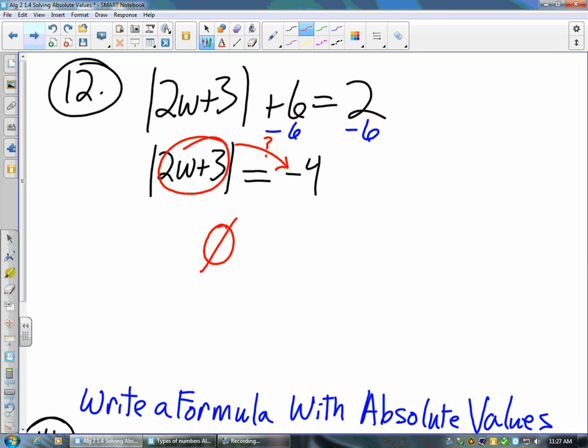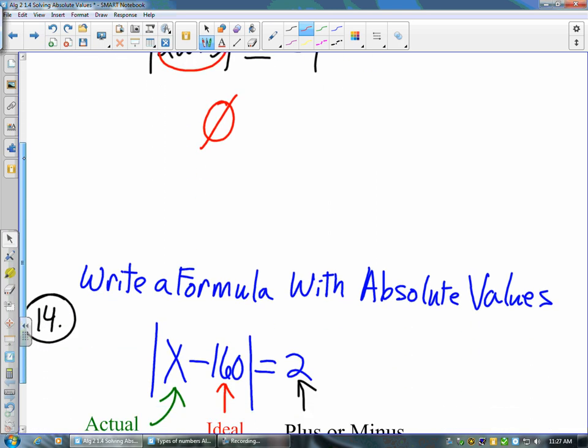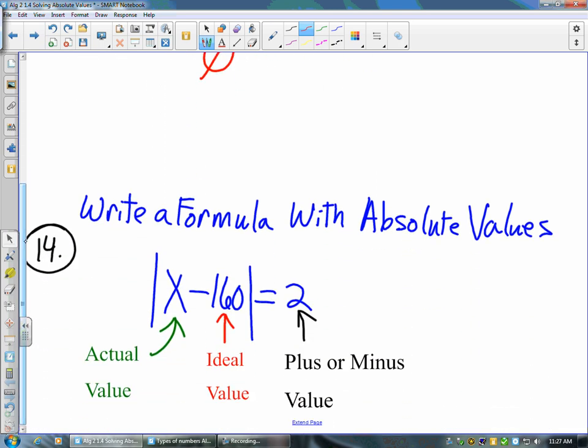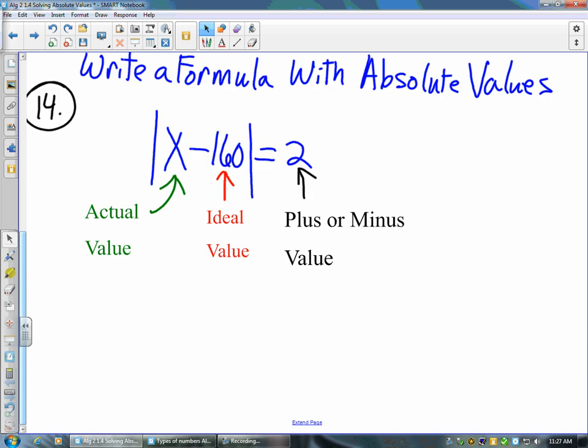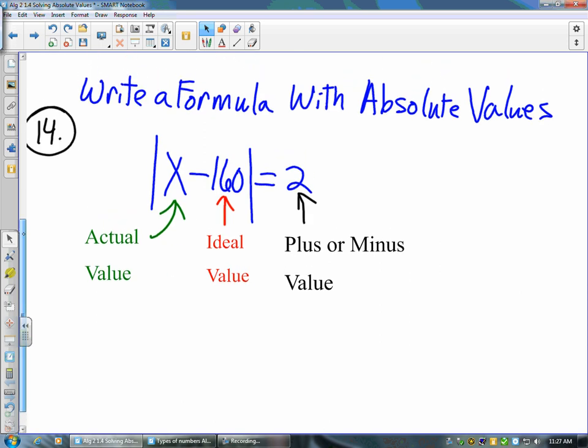Now, if you're ever asked to write an equation, write a formula with absolute values, there is a formula that isn't real easy to remember, but say you're given a problem of an oven and you're trying to cook something at 160 degrees. Your oven actually kicks up a little over 160 degrees.